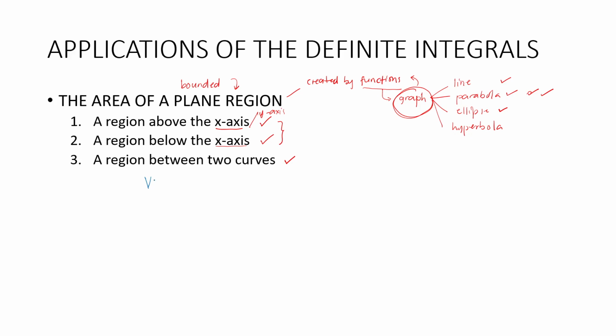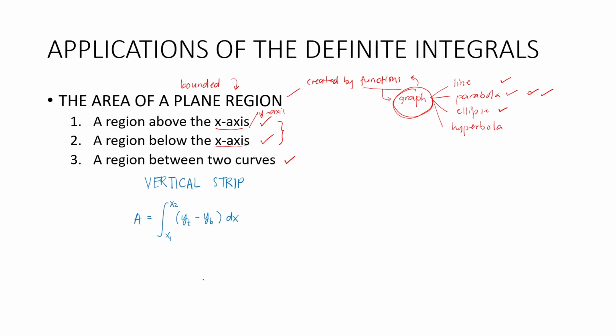So by vertical strip, the area is equal to, this is the formula, y sub t minus y sub bottom dx from x1 to x2.